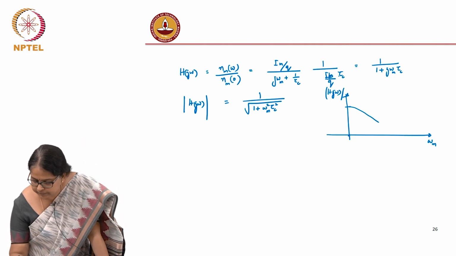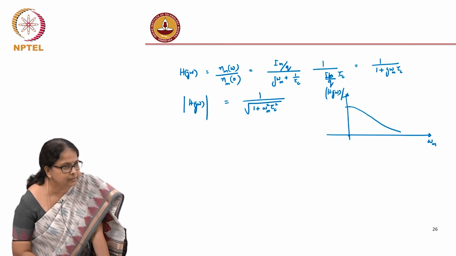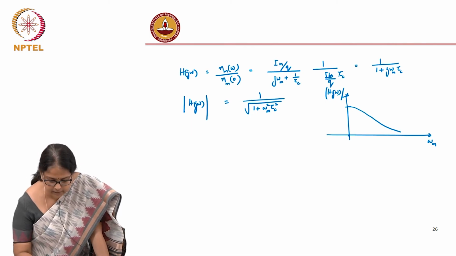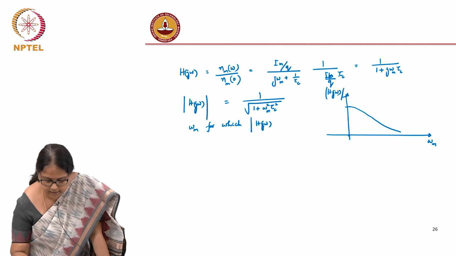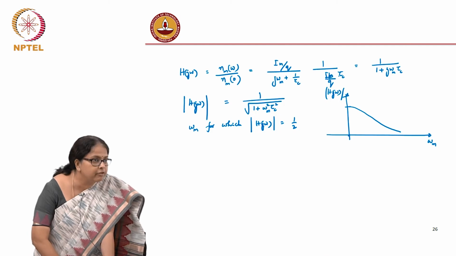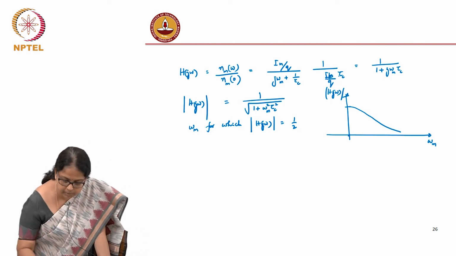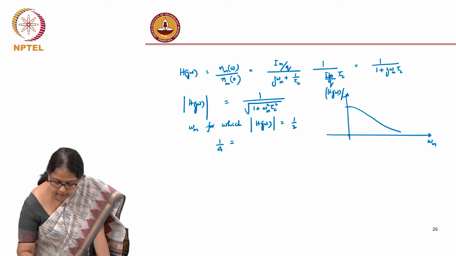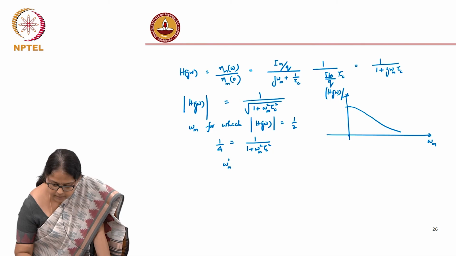So, you get something like this, and what is the omega m for which mod h of j omega is equal to half, that is your full width at half maximum, that would correspond to 1/4 is equal to 1 by 1 plus omega m square tau c square. So, you get omega m square tau c square is equal to 3.